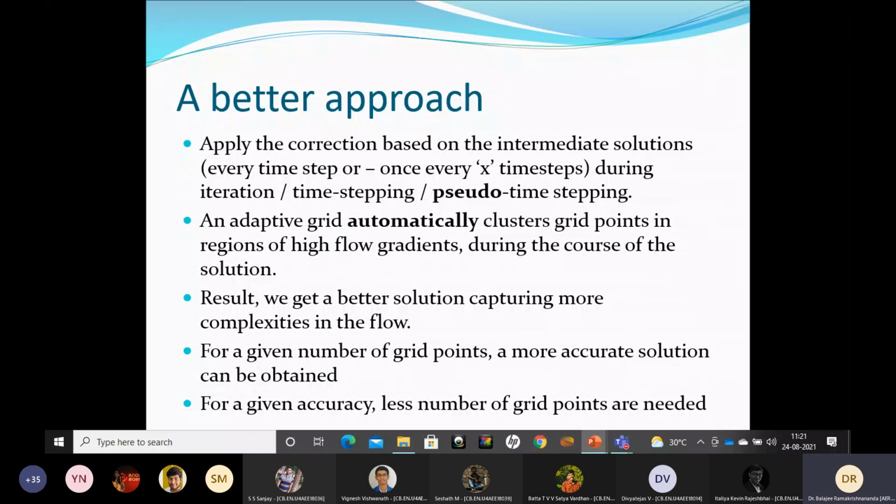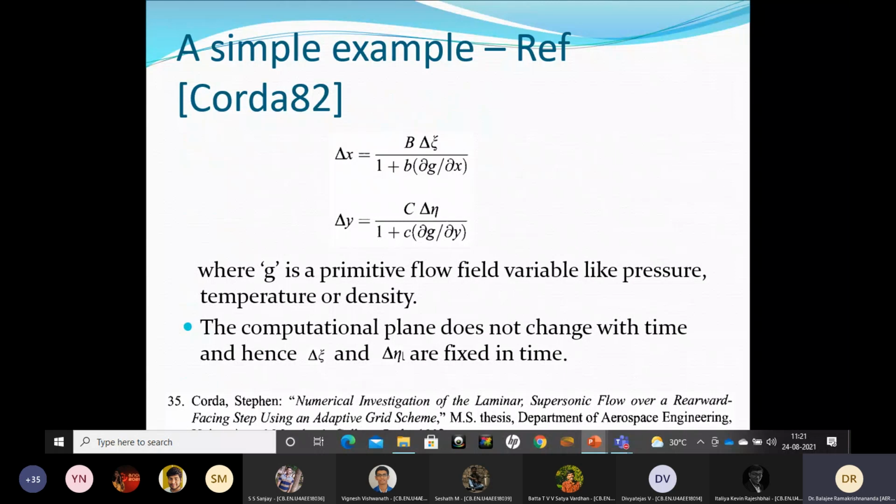So this is the advantage of adaptive gridding. We will schematically look at a simple example, an old example actually, but nevertheless you will get the spirit of adaptive gridding if you look at this.